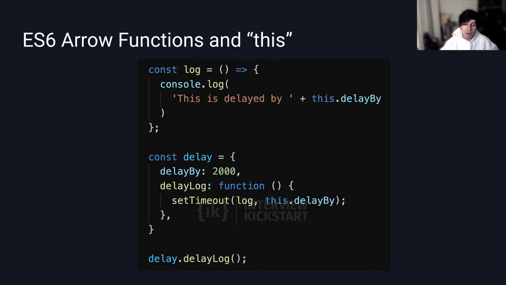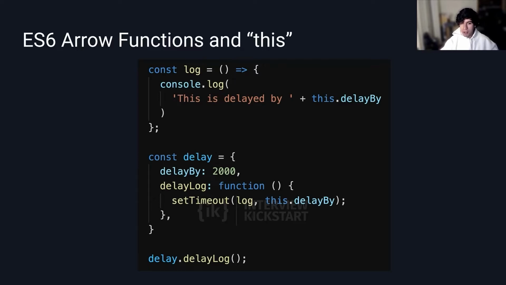However, when we call setTimeout, we're going to pass in the log arrow function, and we're saying delay that function by this.delayByMilliseconds, 2 seconds. So 2 seconds pass, and once we have to call our log function, what's going to be the this inside of that log?